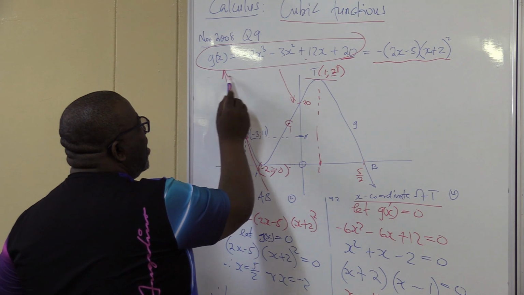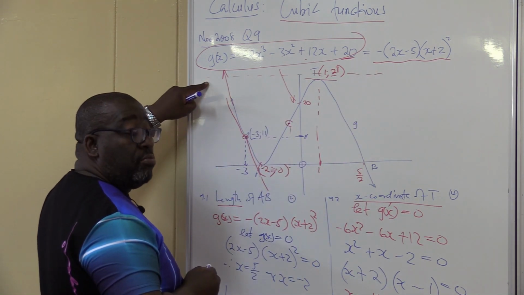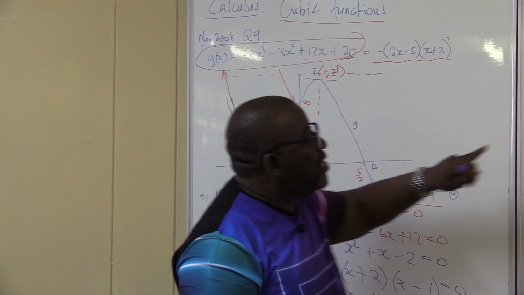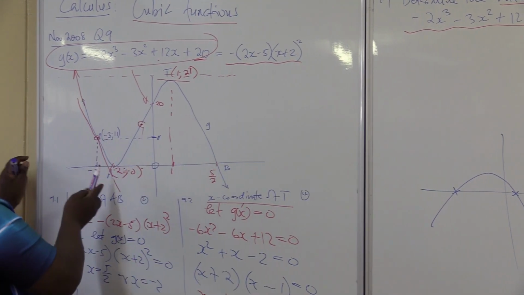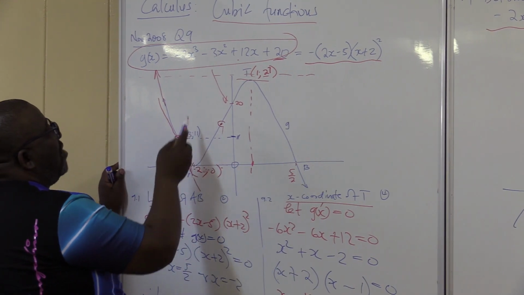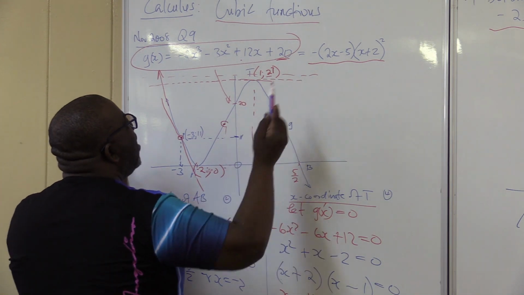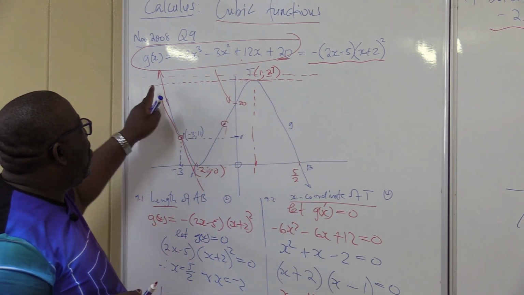If I draw it here, how many roots am I touching? 1. Do we see that? I'm only touching one root. We want the situation where this will have 3 roots. In other words, I'm moving my x-axis. If I move it here, still they are not distinct because there are 2 there and 1 here.